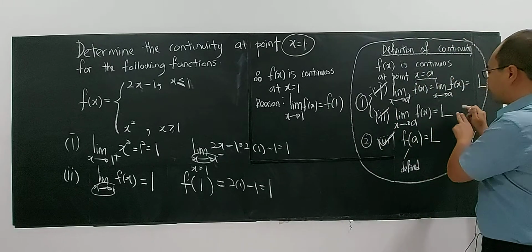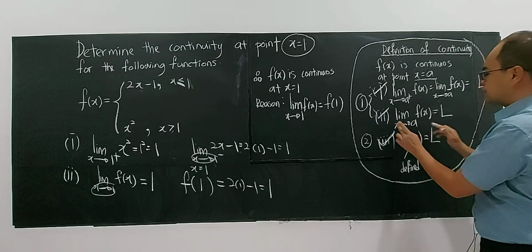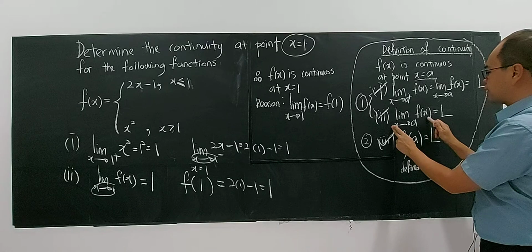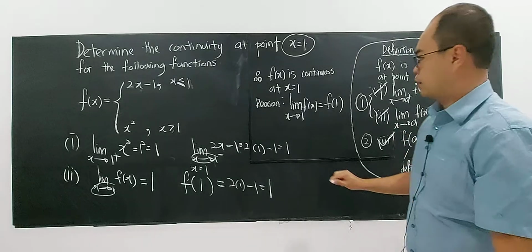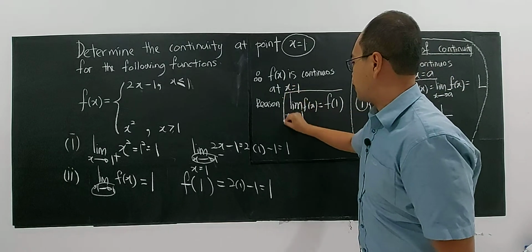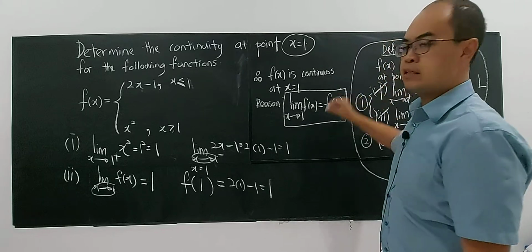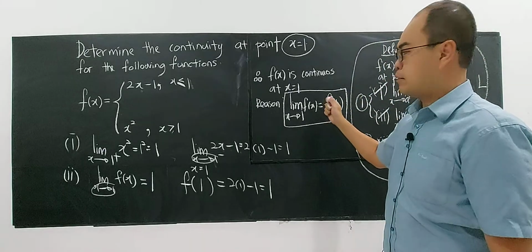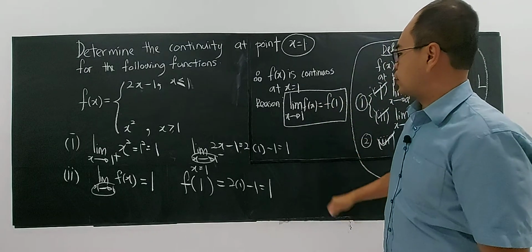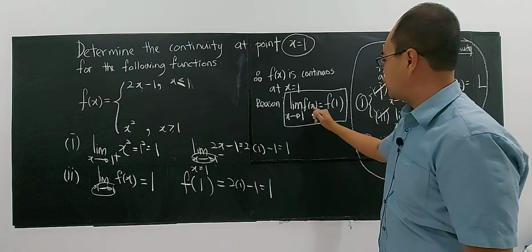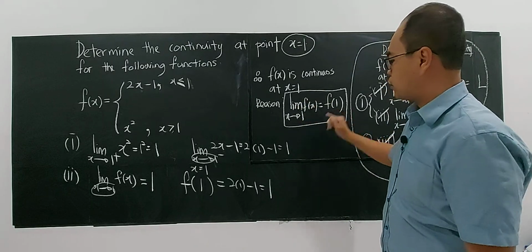Because these two values must be the same, meaning the limit as x approaches a of f(x) must be the same as f(a). This is the very short reason, easy and precise. The limit as x approaches 1 is 1, and f(1) is also 1.